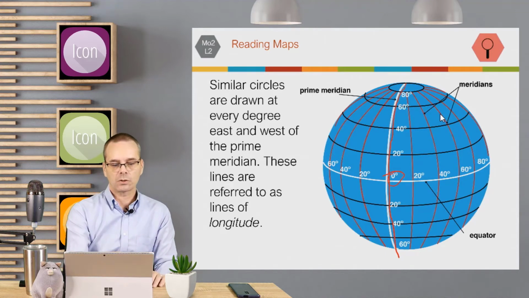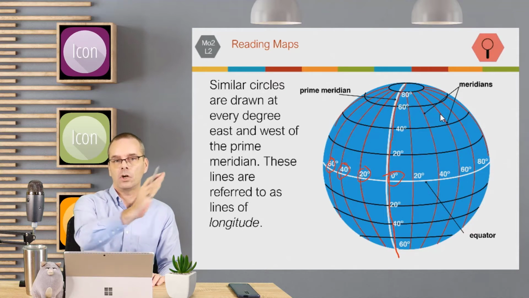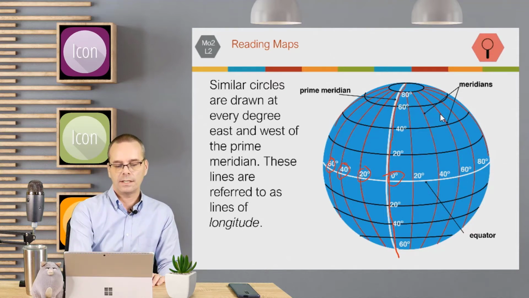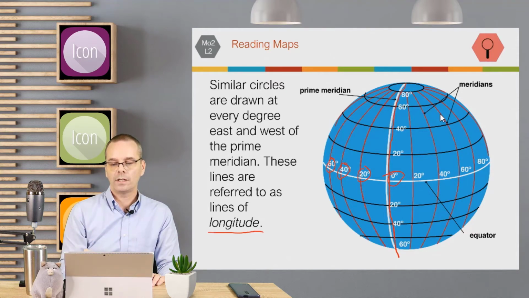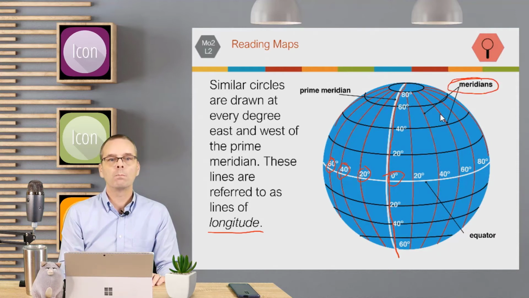Similar circles are drawn every degree east and west of the prime meridian. So then you have 20 degrees, 40 degrees, 60 degrees, all the way across these lines of longitude, to 180 degrees. We call these lines meridians.